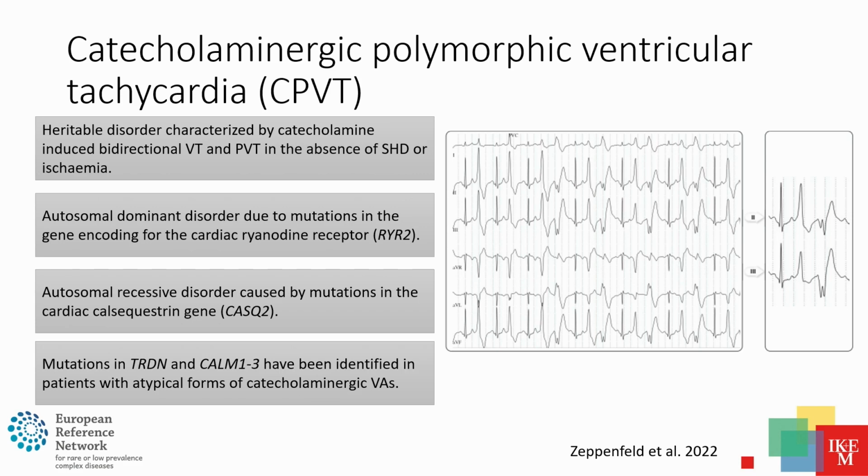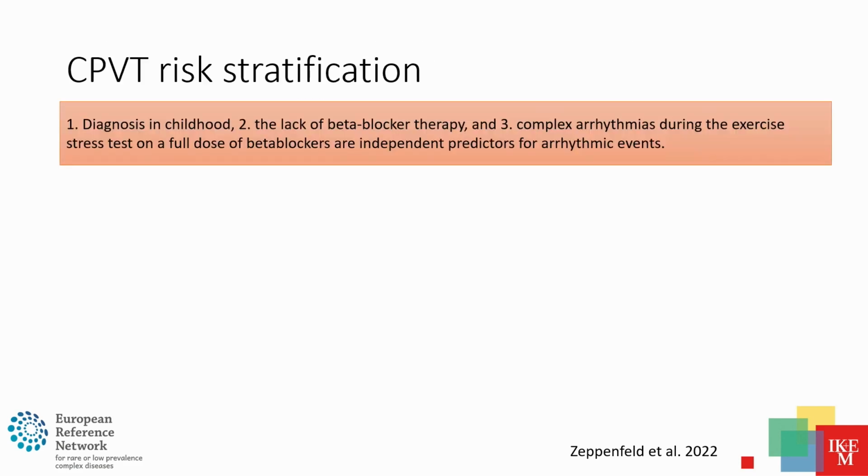CASQ2 genes. All patients with manifestation of the disease in childhood are certainly at a higher risk of malignant arrhythmia, as well as all patients who do not receive beta blockers in full dose, and all of those who have a complex arrhythmia on exertion while on full dose of beta blockers.